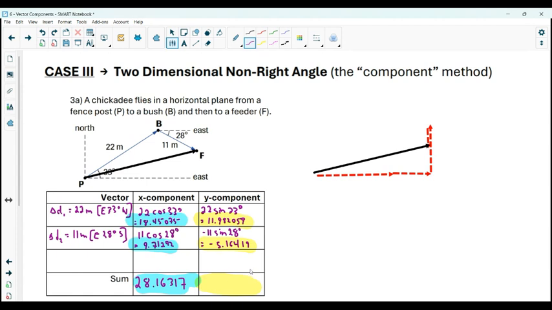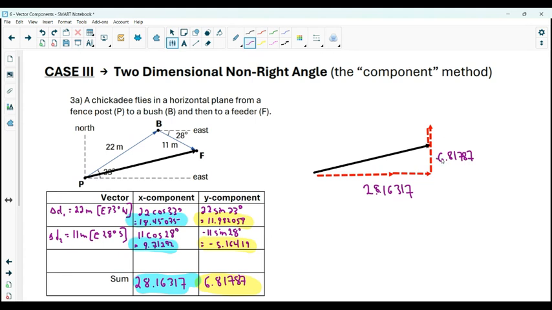We add those together, and we're going to end up with 6.81787. So this one's 28.16317, and this one is 6.81787.